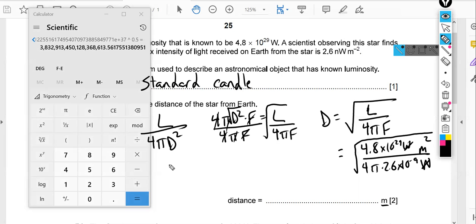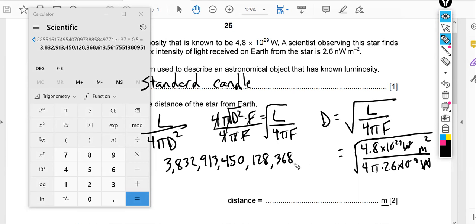I'm going to write it all out here. 3, 8, 3, 2, 9, 1, 3, 4, 5, 0, 1, 2, 8, 3, 6, 8, 6, 1, 4. We'll round it there to the ones place. All right, can we read this number?